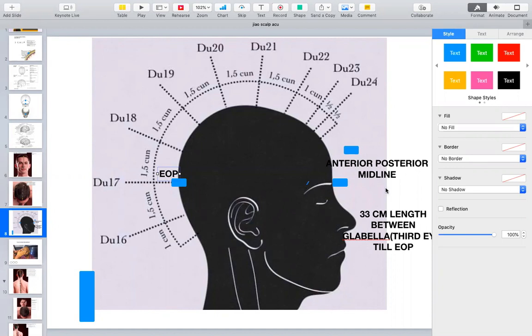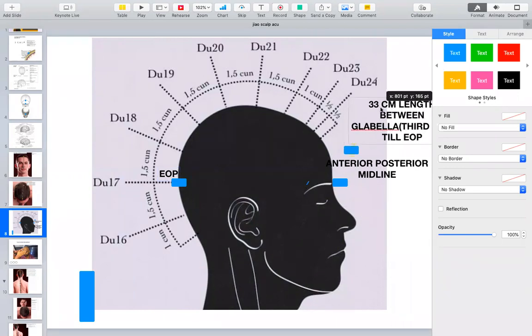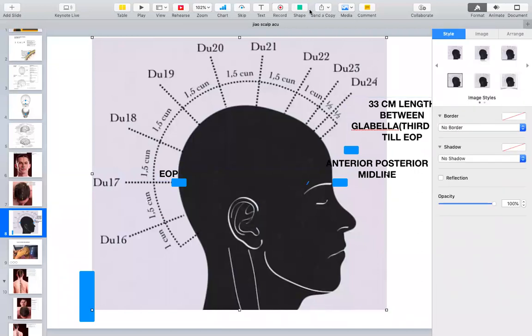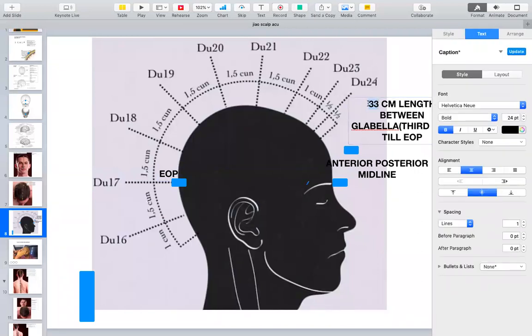Now, if it is 33 centimeter, we are taking just half of this line. What will be the half of it? Just tell me. This is 33 centimeter, and now I divide 33 centimeter by 2.